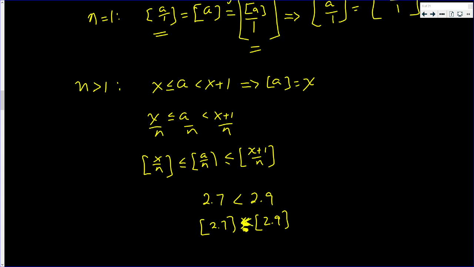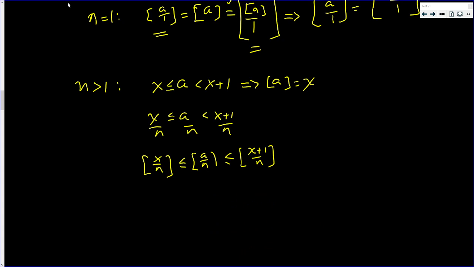Like 2.7 is clearly less than 12.9. But the greatest integer of 2.7 is 2, while the greatest integer of 12.9 is 12. And clearly 2 is less than 12. But you can have equality.